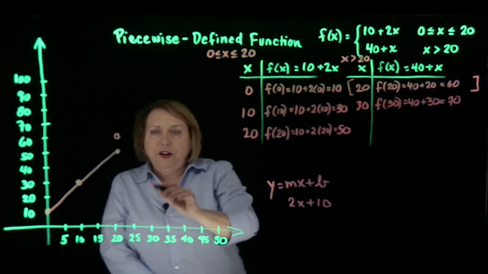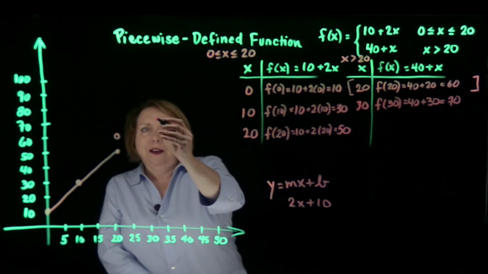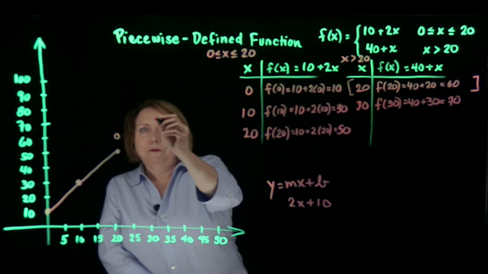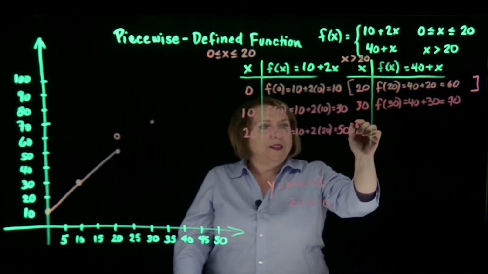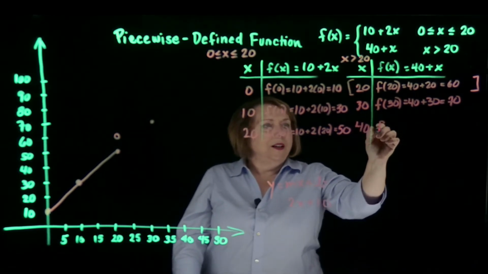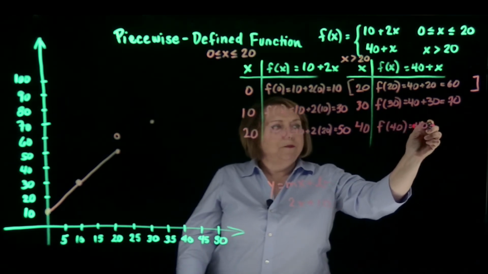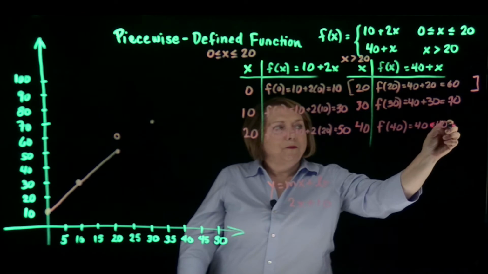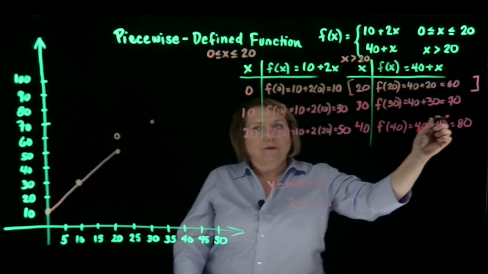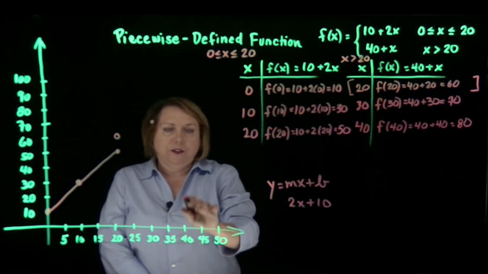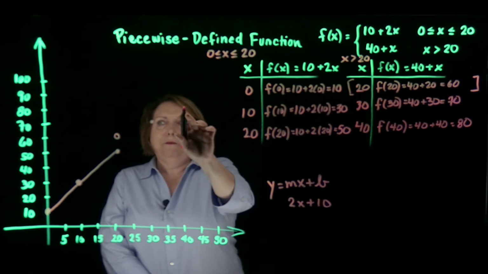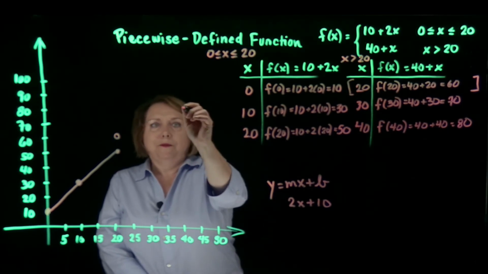So if x is 30, f of x, or y, is 70. And we'll do one more point. Let's let x be 40. So f of 40, 40 plus 40 is equal to 80. So if x is 40, f of 40 is 80.